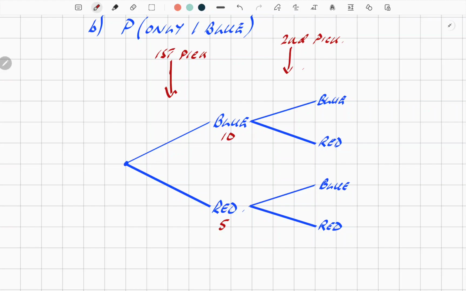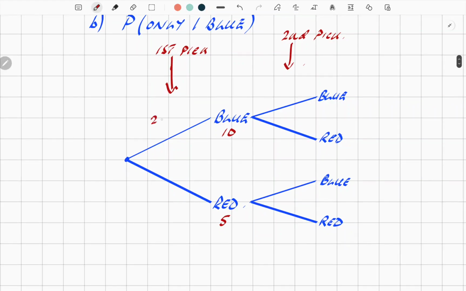Out of how many in total? 15. Right, so 10 out of 15? 2/3. Well done. So if that's 2/3, how much is this one going to be? 1/3. Excellent. And that's the rule, that if you have 2 outcomes, or however many outcomes, the probabilities must add up to 1.